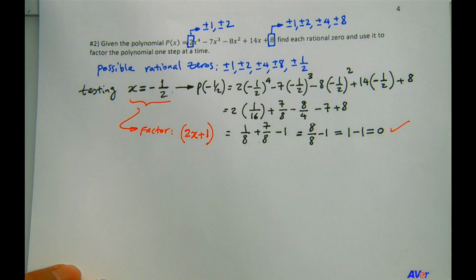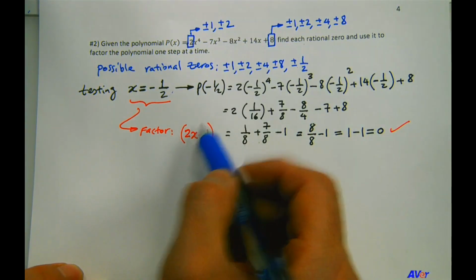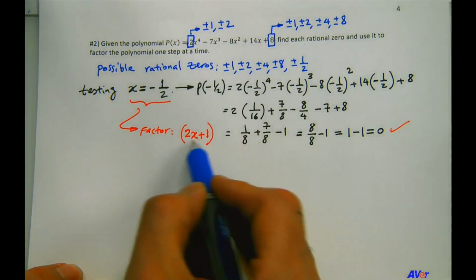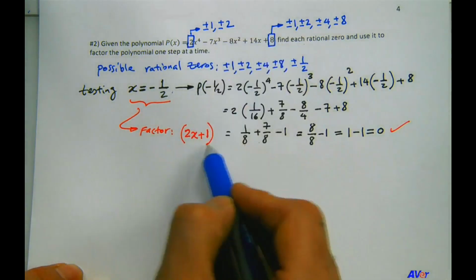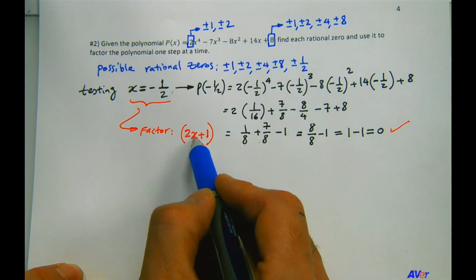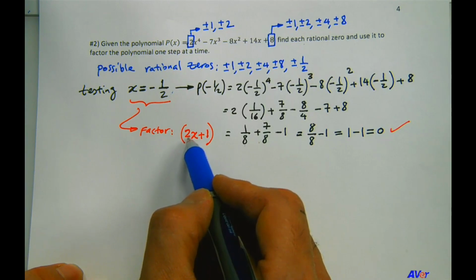Now, since we figured out that this is a factor of this polynomial, we know we can divide this polynomial by this factor using long division, because the x in the divisor has a coefficient that is not equal to positive 1. So we cannot use synthetic division with this.